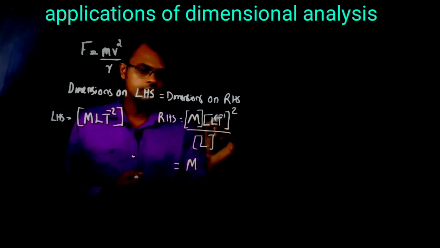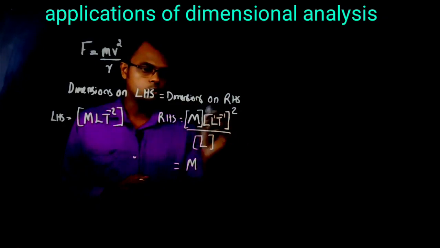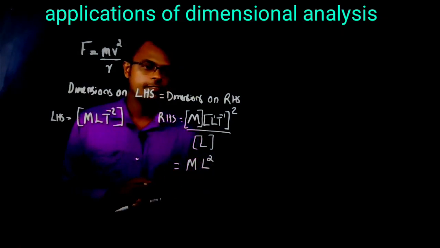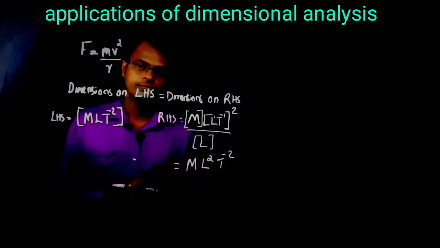So how do we use this one? If it is in powers, multiply the powers. First, L is L to the power 1, so 1 into 2, L square. Next, T to the power minus 1 all square, so multiply minus 1 into 2: T to the power minus 2.